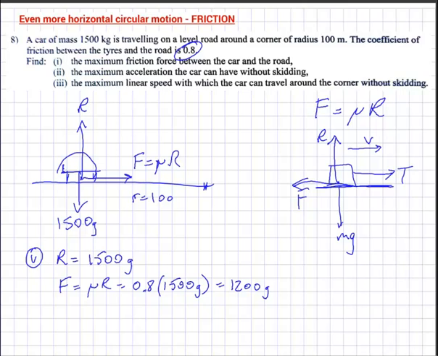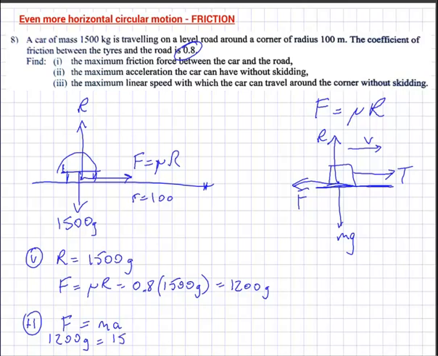So that is going to be your centripetal force. Anything greater than that, any scenario where you need more force than that, the friction's not going to provide it. Going again to absolute basics, if we look at the horizontal scenario, we understand that F equals ma. The maximum force we can possibly have is 1200 g.